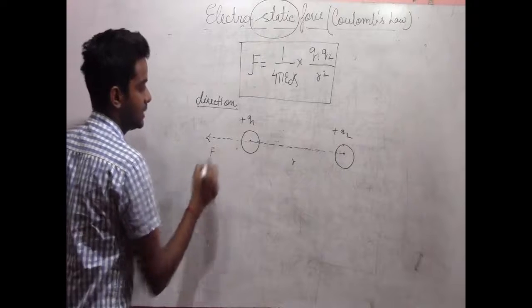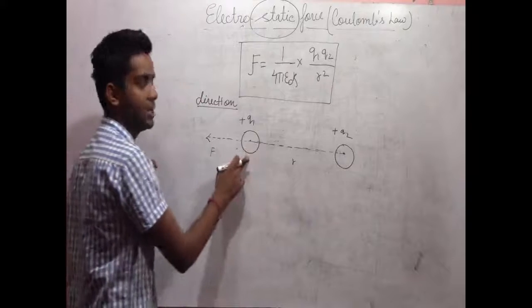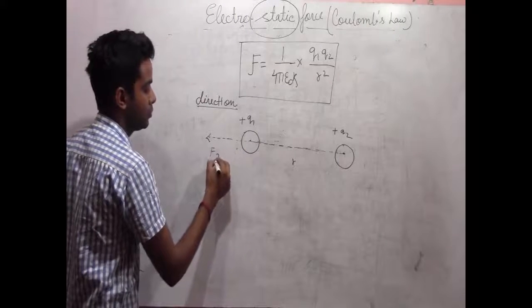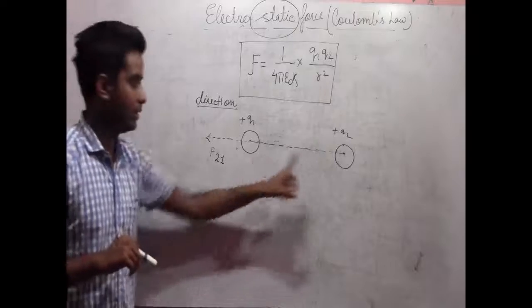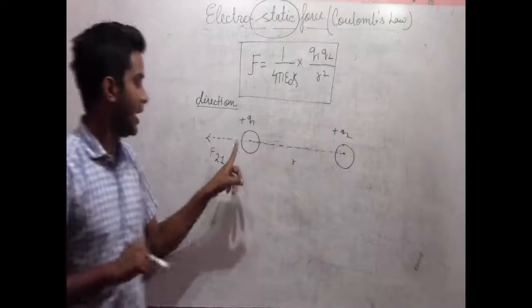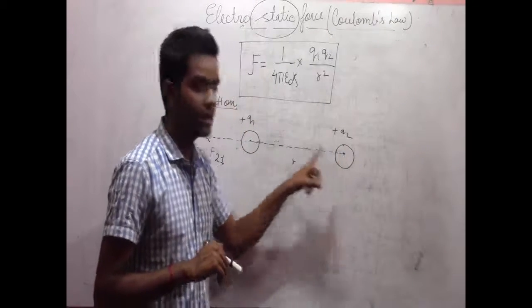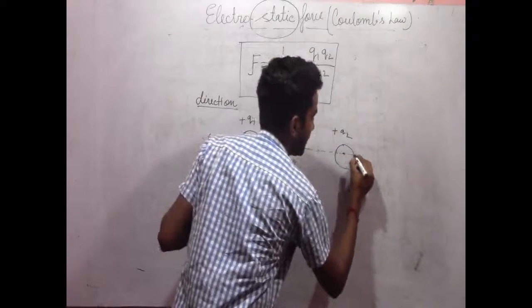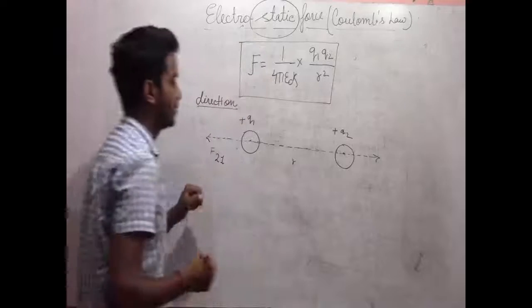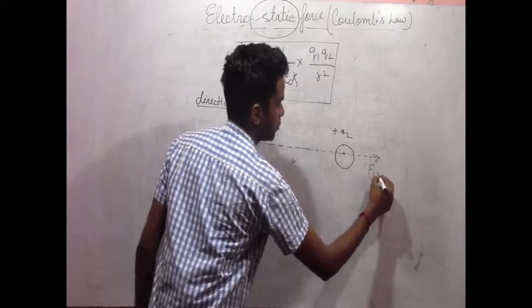Suppose this force is from charge Q2 to charge 1, then you will write it from 2 to 1. And this charge is also a positive charge, so it will apply a force on this charge along this side. This is from 1 to 2.